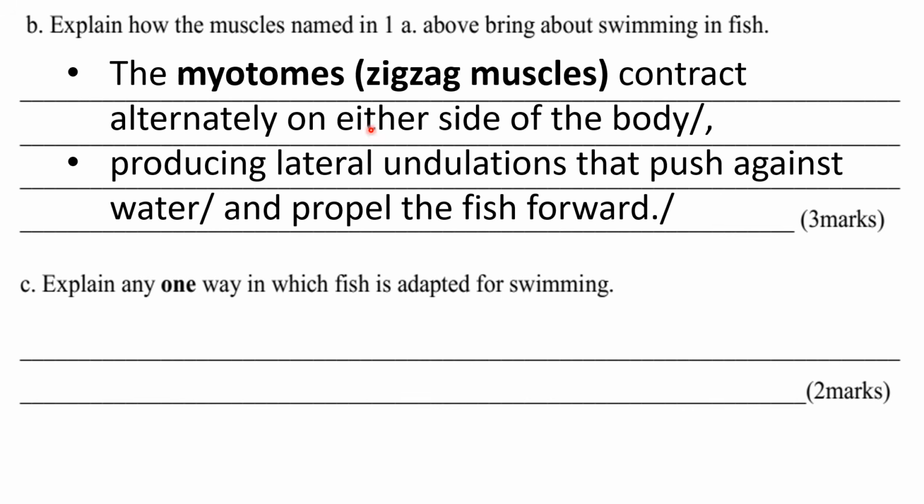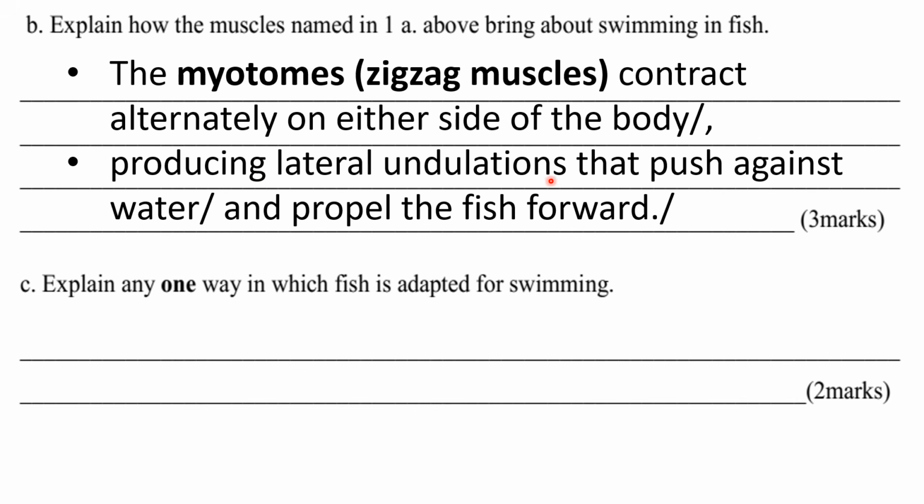So this alternate contraction produces lateral undulations. So you're saying the alternate contraction of muscles produces lateral undulations.